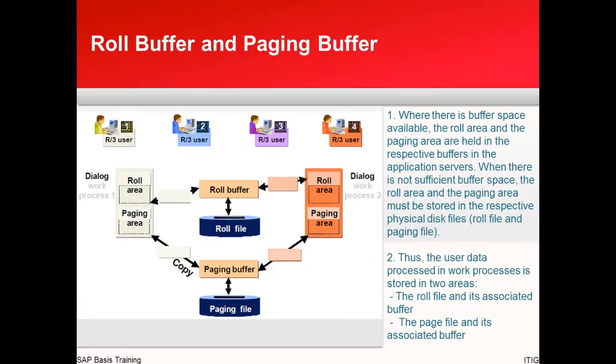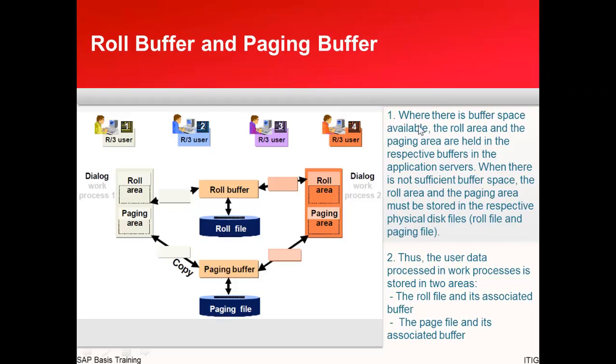Okay, now role buffer and paging buffer. Here you can see when there is buffer space available, the role area and the paging area are held in the respective buffers in the application server. When there is not sufficient buffer space, the role area and the paging area must be stored in the respective physical disk file, for example, role file and paging file.